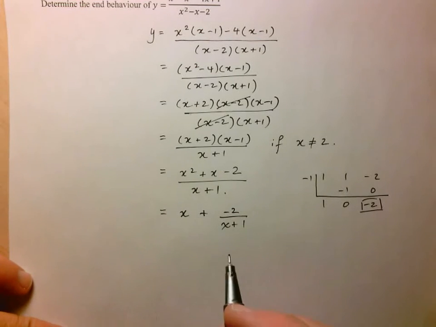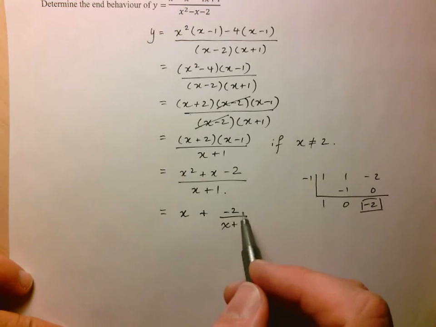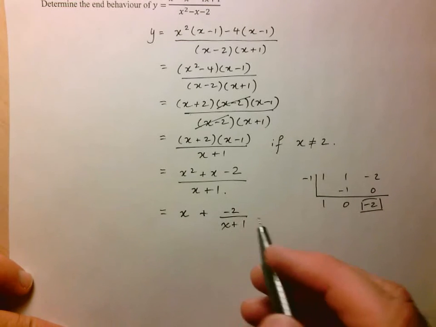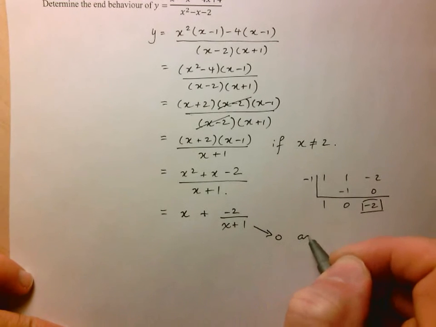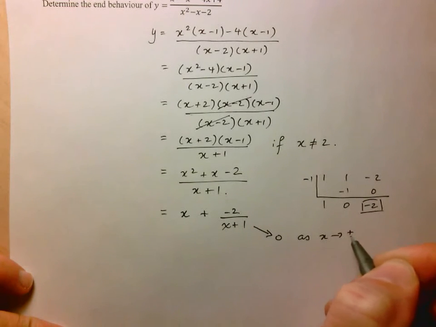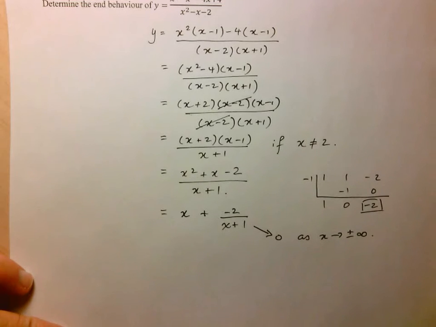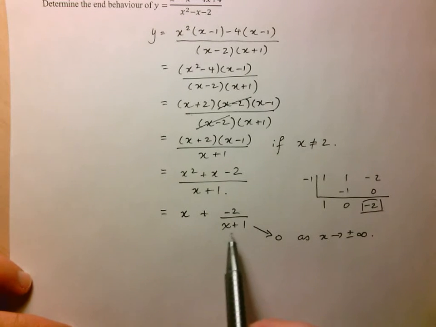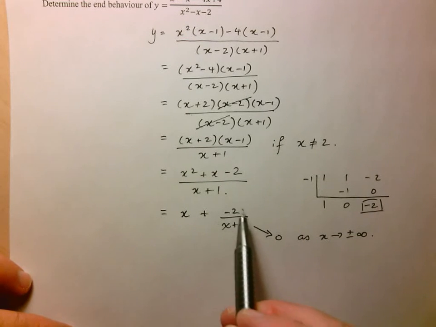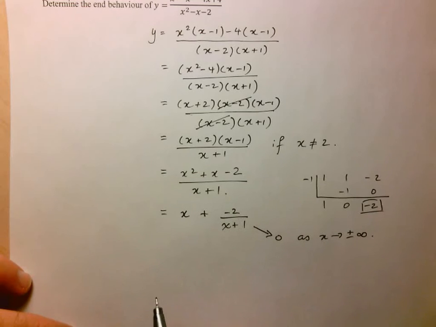The justification is that this term, remember we're only interested in x getting really, really large, approaches 0 as x approaches positive or negative infinity. So this function, which can be written as x plus this extra term, sees that extra term start to disappear as x gets very, very large.